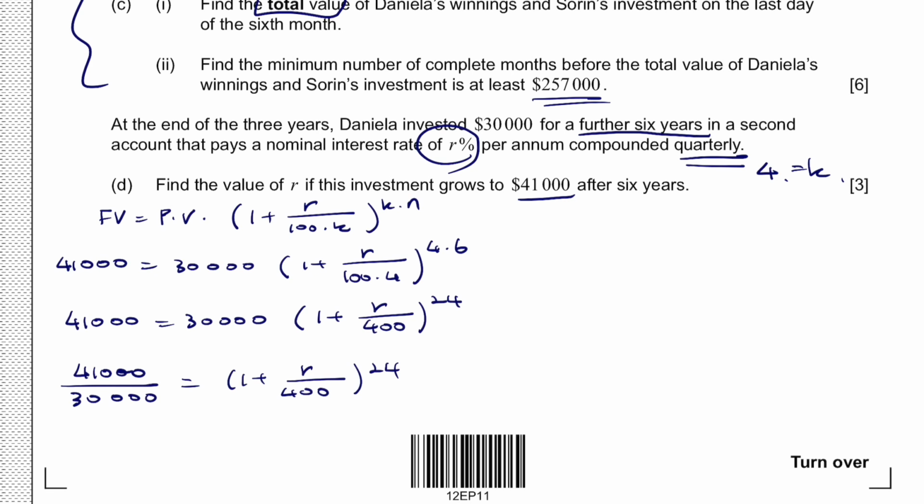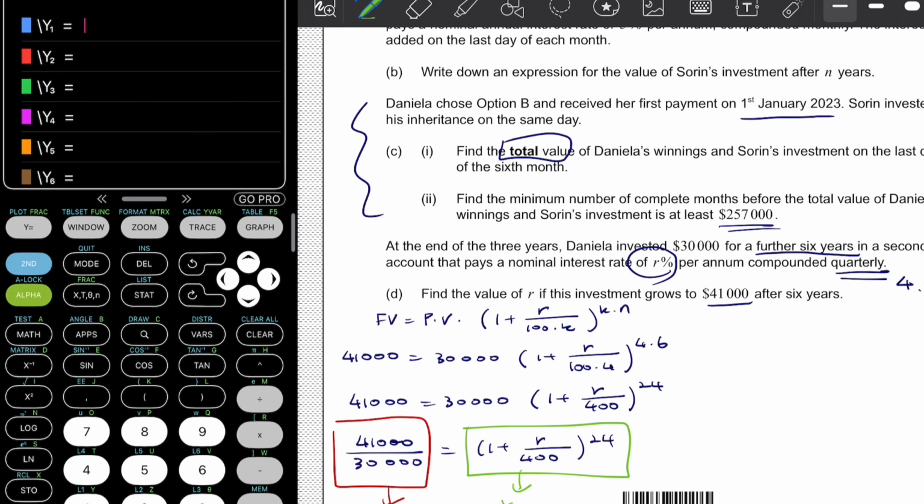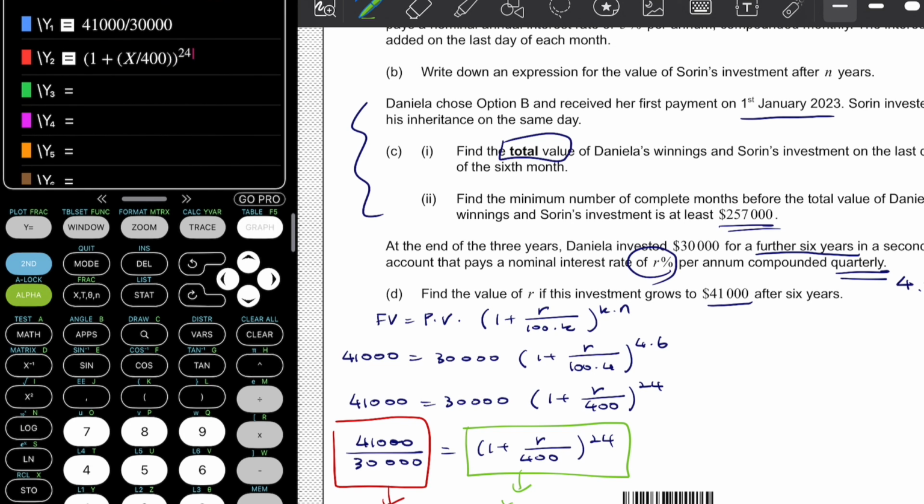Now we need to solve this equation, right? The best way of doing this question on paper 2 is using the GDC again. We can substitute this into your GDC as the first equation and this as the second equation. So for y1 we can do 41,000 divided by 30,000, and for y2 we can do 1 plus x divided by 400 to the power of 24, and we can graph it.